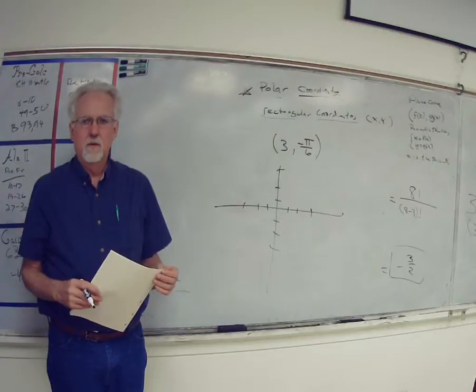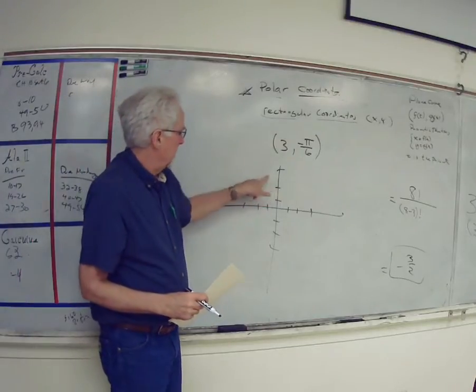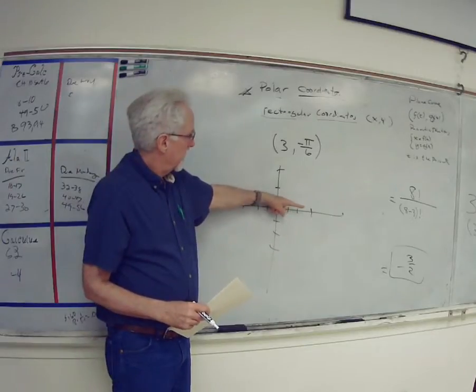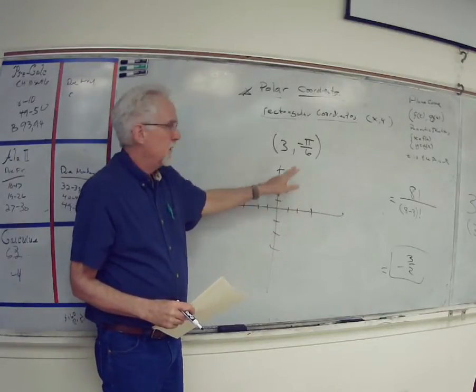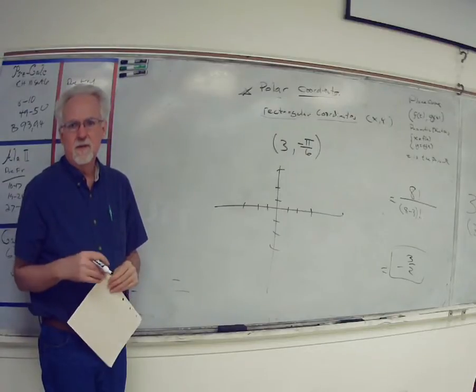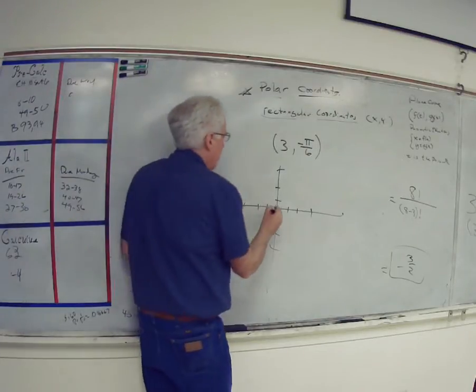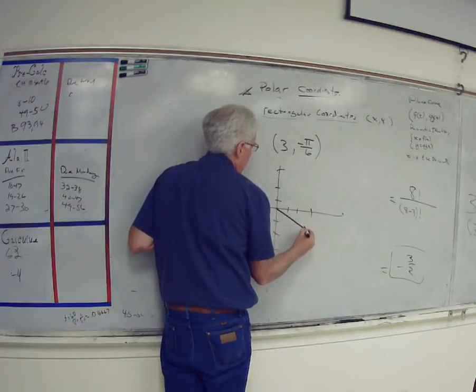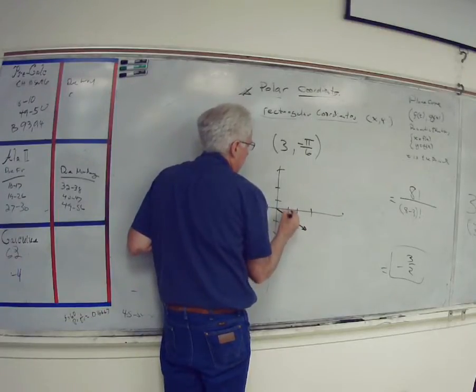It's in quadrant 3, correct? Let's see, 1, 2, 3, isn't it quadrant 4? Yes. So how far would I come down? How many degrees? Like 30 degrees. Yeah, 30 degrees. Okay. And then how far out do I go? To 3. Okay. Where this is 3, and this is minus pi over 6.